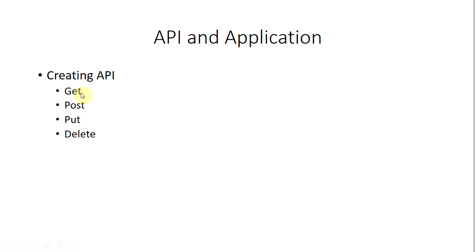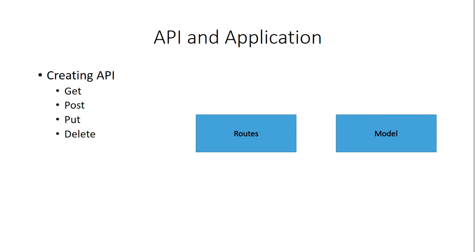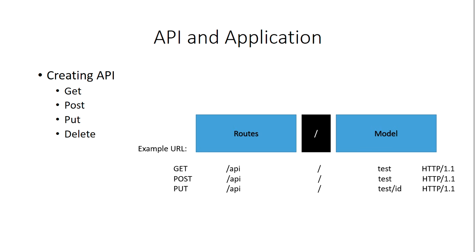What does an API need? API needs routes and model, separated by a slash. For example, in our application we can see API slash API.